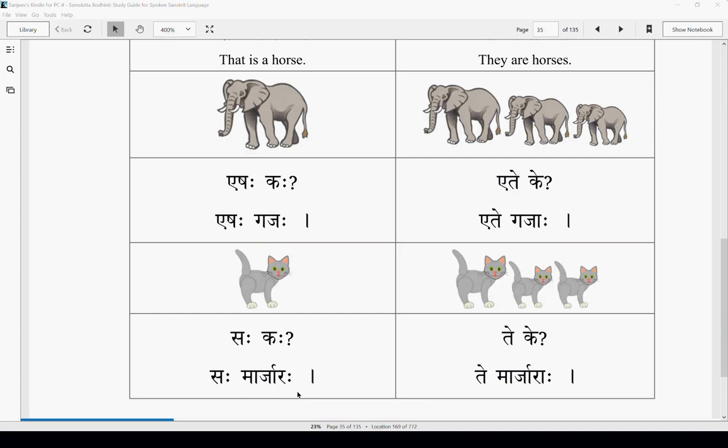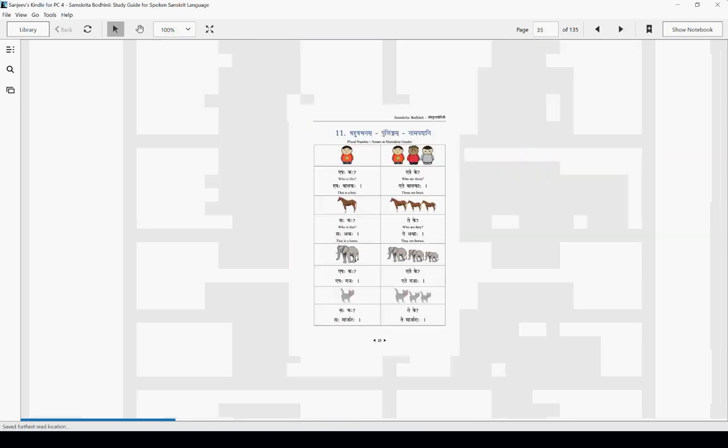And then Deepaha. Bahuvachane Deepaha. So if it is Saha Deepaha, then in Bahuvachanam what does it become? Te Deepaha. So this is a simple one we can remember.